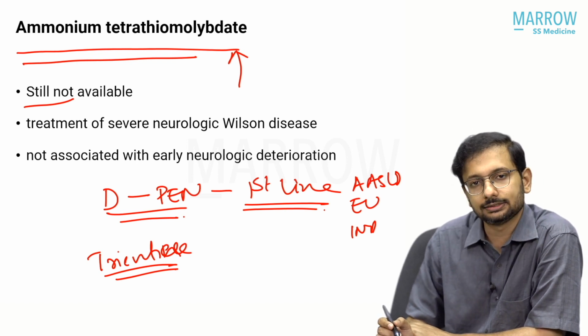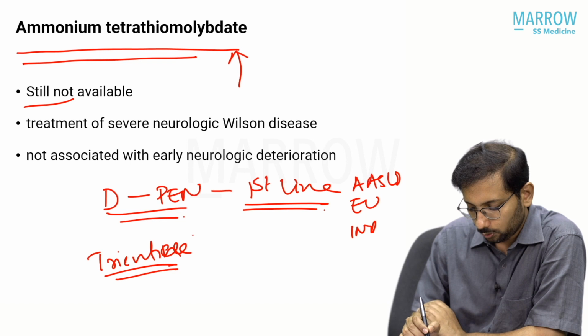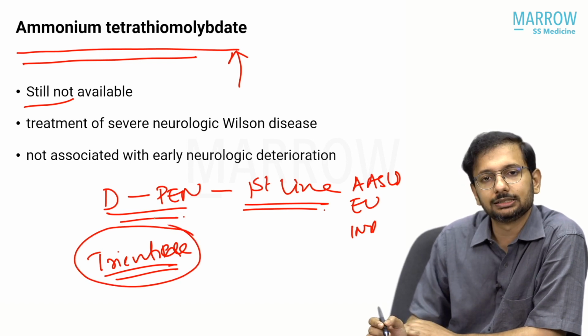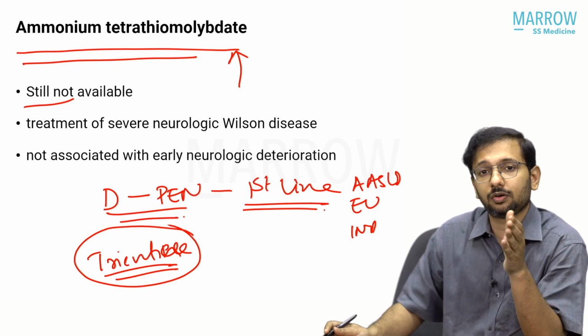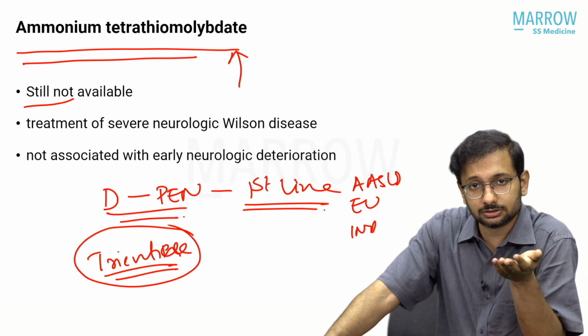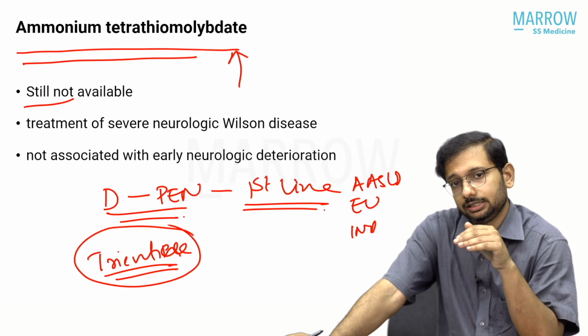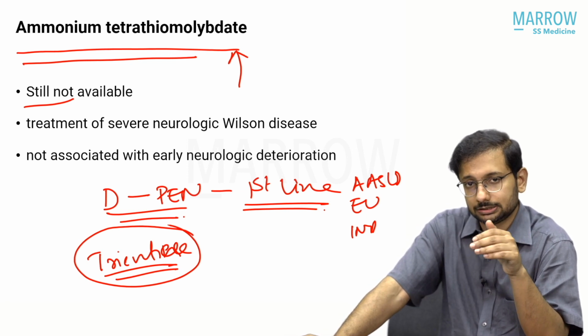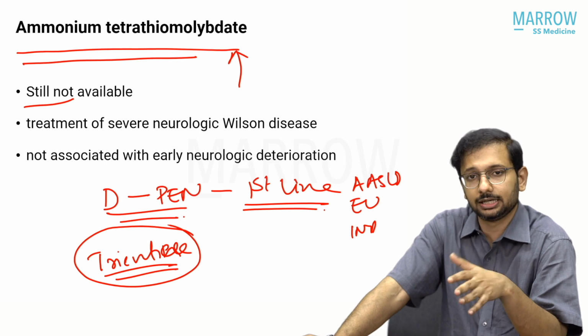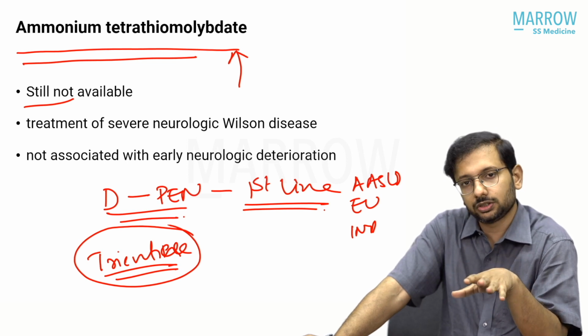If you look at Harrison's, you find only trientine as the first line treatment. D-penicillamine is not even there. So in case you have decompensated severe liver disease, you start off with trientine according to Harrison. But still, with respect to our books, Schlesinger, Zakim and multiple guidelines, the first drug of choice is D-penicillamine.